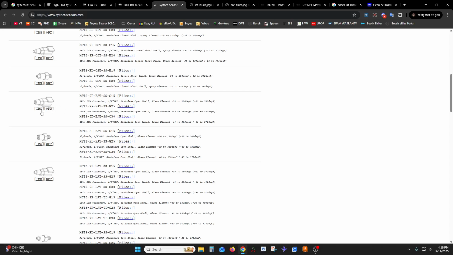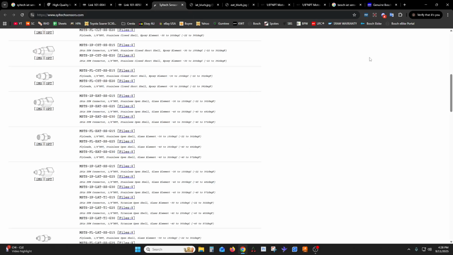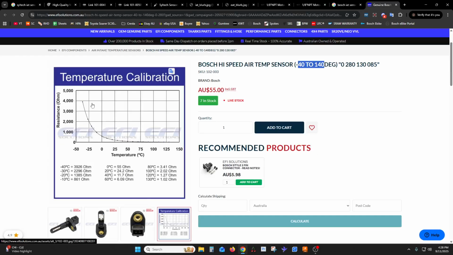Ah, that's just the image. Okay. See this curve here? Because this is an air intake temperature sensor, it's really sensitive between 50 degrees C and about -30.